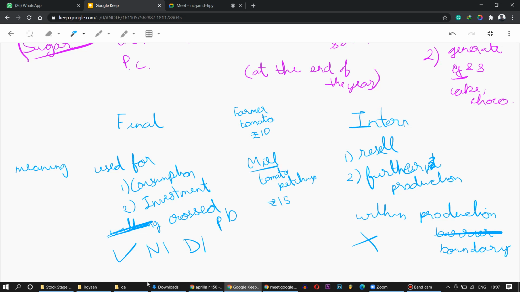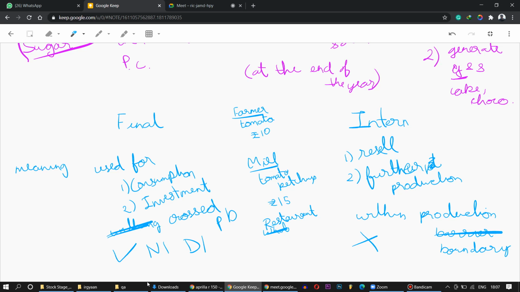And after mill, we have a wholesaler. Okay? Or not wholesale, let's have a restaurant owner. That will be better. We have a restaurant owner who purchases the tomato ketchup and he sells, what food item do we use tomato ketchup? I'm a Jain, so I have literally no idea. For what do we use tomato ketchup?